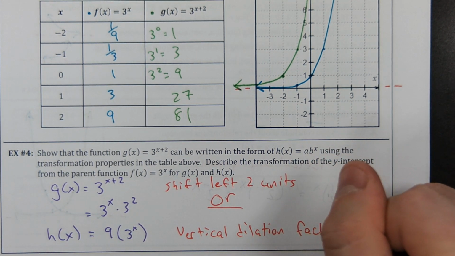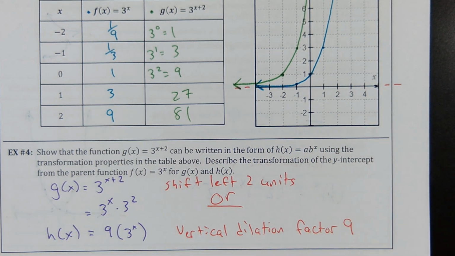They're both true. Isn't that neat? That a horizontal shift can be written in terms of a vertical dilation? I think it's pretty cool. I really like that. That one kind of transformation can be written in a different kind of transformation and get the exact same result. I like that a lot about exponentials.